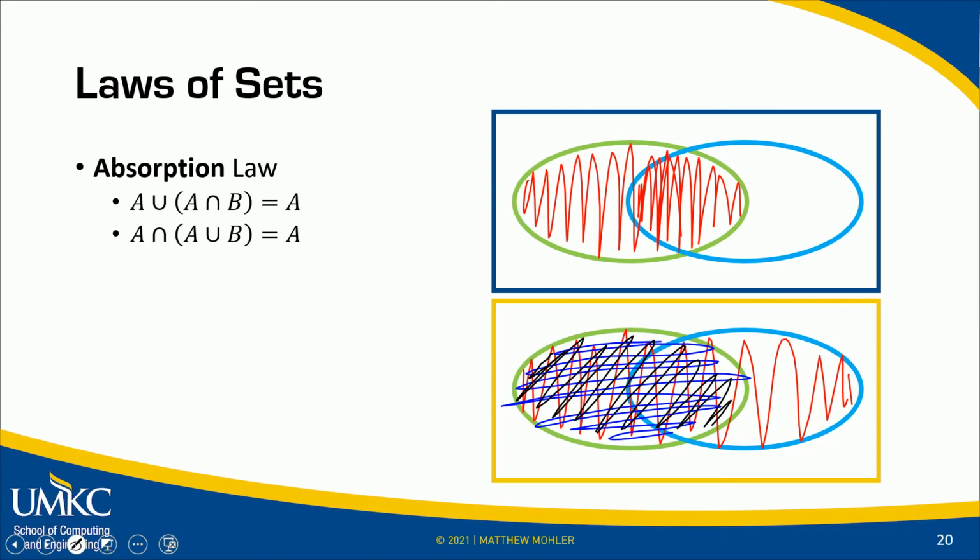So the absorption laws are pretty straightforward, but sometimes you'll get in a situation where you can apply these very quickly to say that in this case, it doesn't really matter what B is. It's irrelevant. I'm just going to be left with A. So these are some of those laws that are useful to keep around in your bag of tricks as you're trying to solve probability to eliminate some potentially irrelevant events. In this case, B.